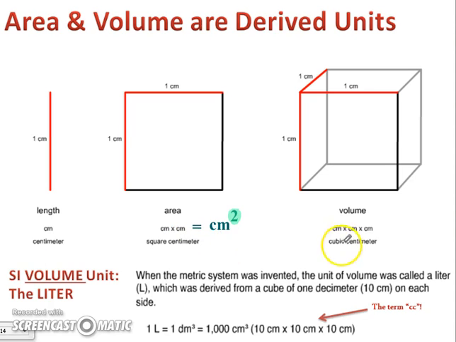The same thing works for volume. If we multiply 3 lengths together, we don't just multiply their numbers, 1 times 1 times 1. I think a lot of times you guys get to science and you're not used to putting labels for units on anything. So we asked you to do a derived unit and make sense of multiplying units together, and you're like, what? I don't even use units, right? That's probably why.